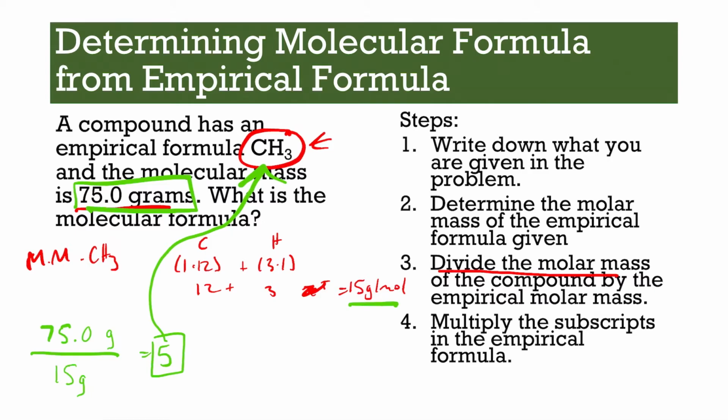So our last step is multiply the subscripts in the empirical formula. So C becomes C5, H, 3 times 5 is 15, so we're left with C5H15. So basically we're finding the mass of the empirical formula, figuring out the ratio it got cut down by, and then building it back up.